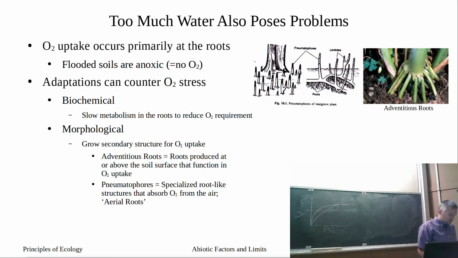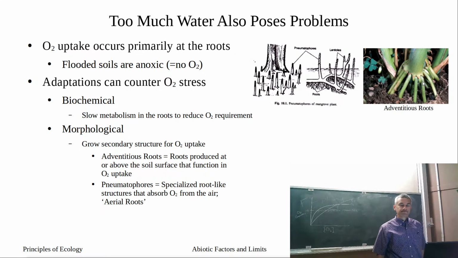Adventitious roots are those roots that are produced at or above the soil level, and their purpose is to absorb oxygen from the air. That's what they look like. We're above the soil. They spread out, go into the soil, but these are the sites where oxygen uptake will occur.